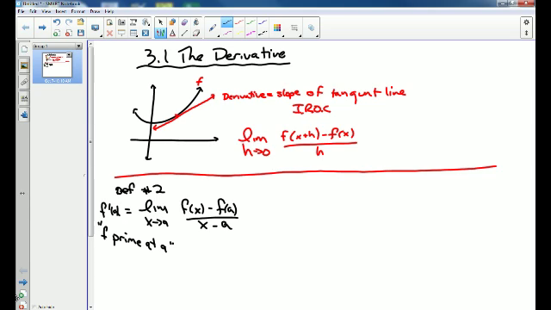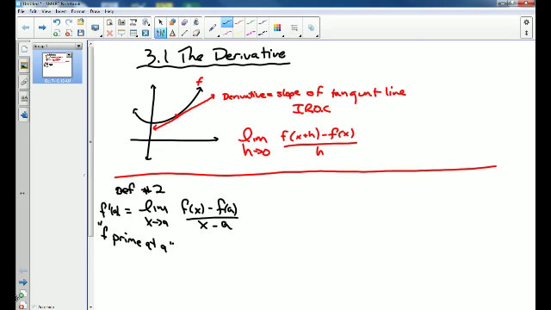So this is the notation we'll use to denote the derivative. Because we have f of x, f prime of x is the derivative. f double prime of x is the second derivative. That means more than one. f triple prime is the third derivative. f to the fourth is the fourth derivative.